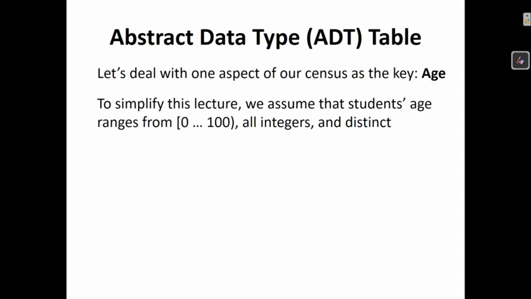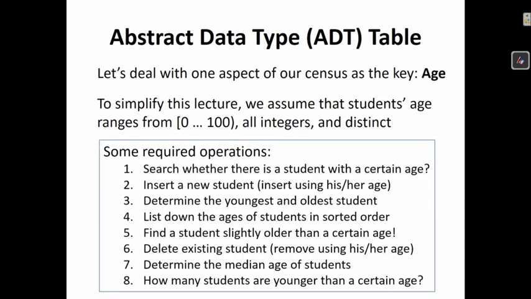Given that we will use the age as the key and store in the table abstract data type, what are the operations that we want to perform? These are some of the required operations. Number one, search whether there is a student with a certain age. Number two, insert a new student using his or her age. Determine who is the youngest and oldest student.